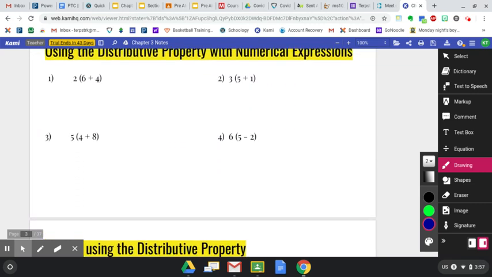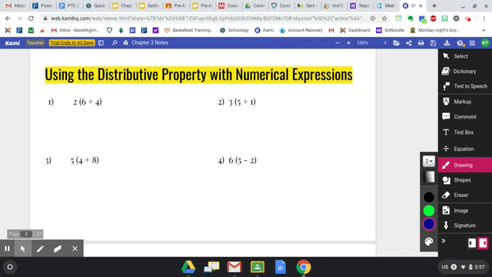All right, so here's using the distributive property with numerical expressions. First, I'm going to talk about how it's not really necessary to use the distributive property when it's numerical, because we learned with the order of operations that I can do parentheses first, then exponents, then multiplication or division, and then addition or subtraction.